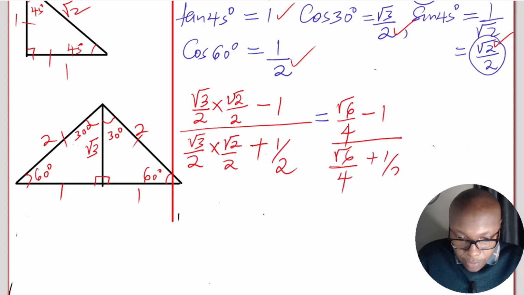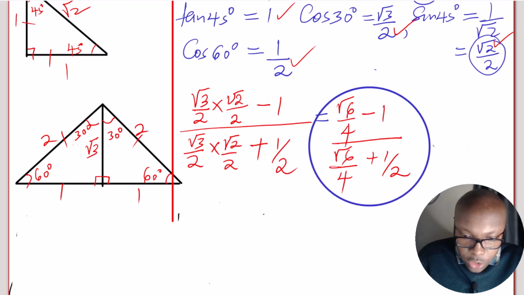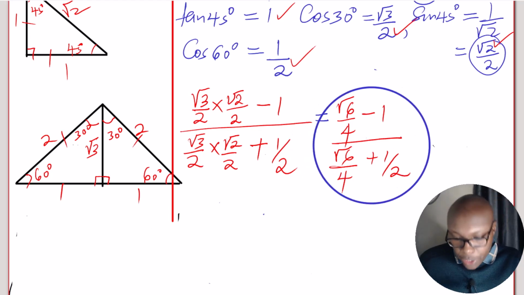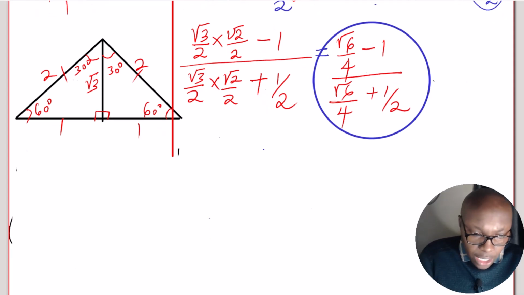Then plus half. And that is what you're going to solve now. We have already substituted everything. Now the next thing is to rationalize the denominator and leave it in the simplest form. So this is how we're going to rationalize this. We're going to take the numerator.